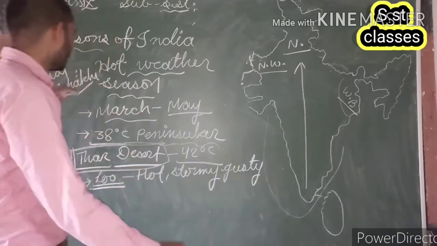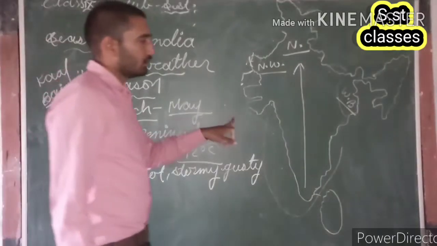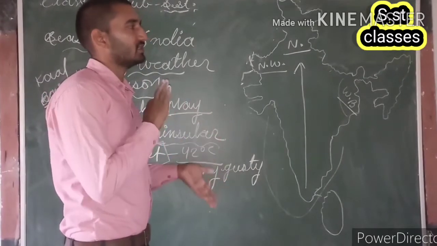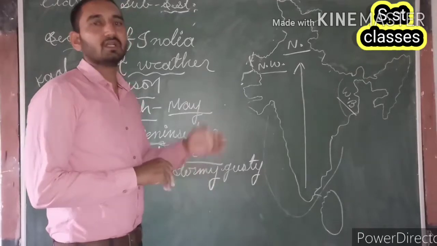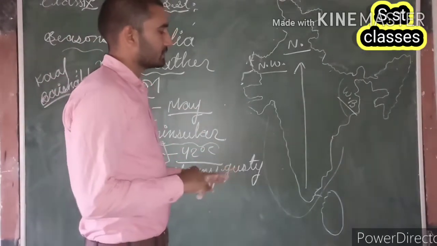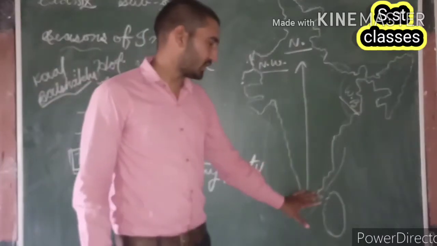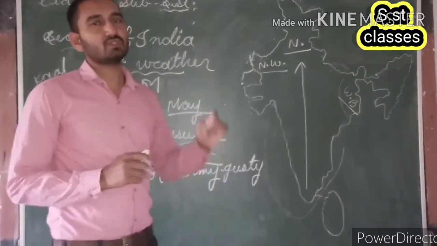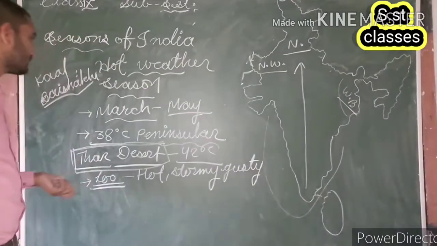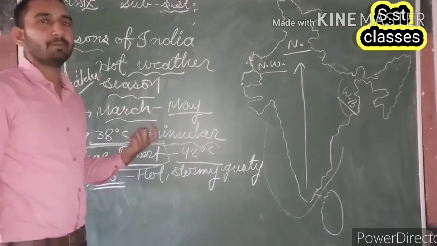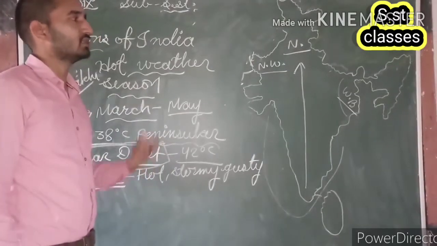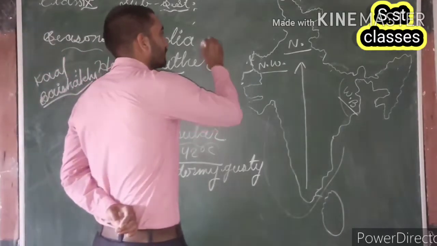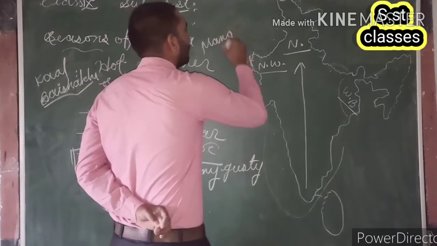Is that clear, guys? Now the next point is, because of the change in the pressure situation created during the hot weather season, the coastal area of the country, meaning the southern part of the country, receives pre-monsoon showers, and these pre-monsoon showers are especially useful for the ripening of mangoes in the region of Tamil Nadu and Karnataka, and that's why they are called mango showers.